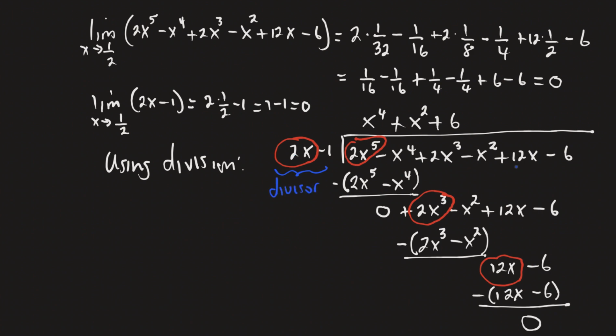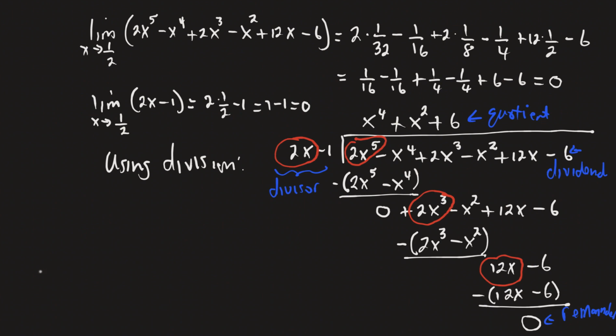This is the divisor. This here is the dividend. This is our remainder. And this is our quotient. So those are all the important terms for the long division algorithm, right?